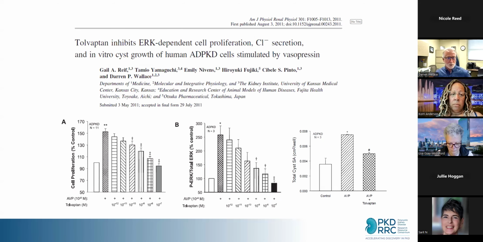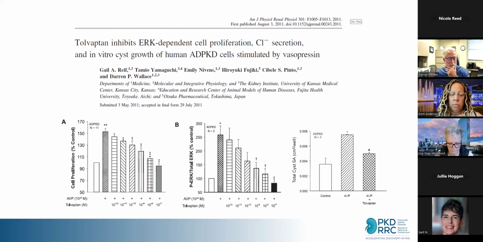And you're all familiar with tolvaptan. Very early in the process of developing tolvaptan, Otsuka had contacted us to test tolvaptan against some of the other compounds that they had previously developed. And so we published this in 2011 before the clinical trial was published.